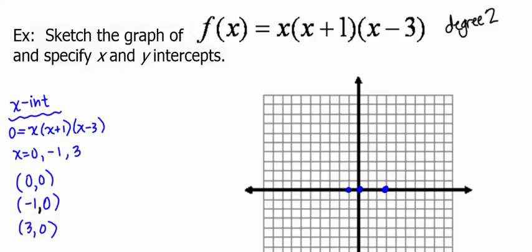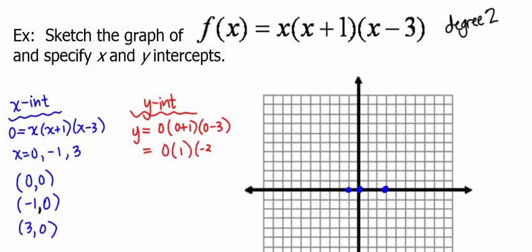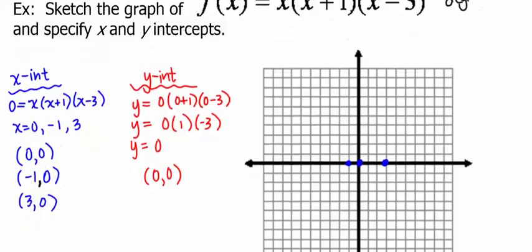Our y-intercept is the value of y when x is 0. And when x is 0, we have 0 times 1 times -3, and anything times 0 is 0. So our y-intercept is 0, 0. 0, 0 is always an x and y-intercept.